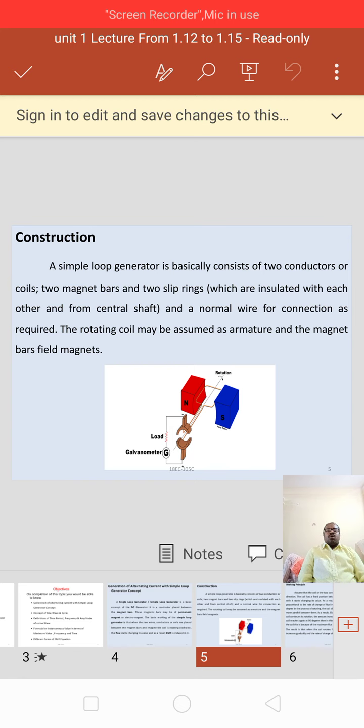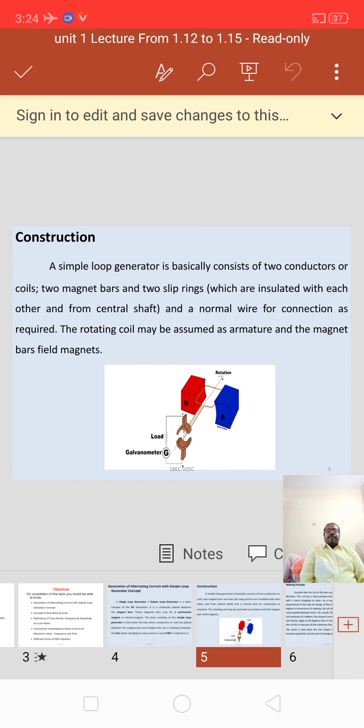The rotating coil may be assumed as the armature and the magnetic field bars act as field magnets.